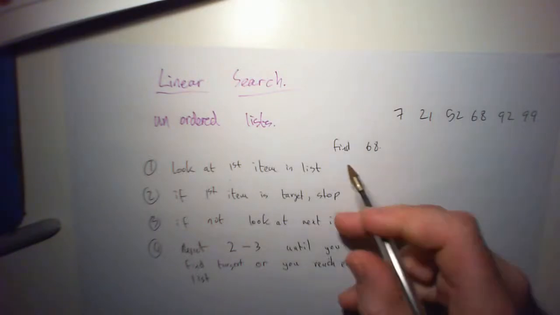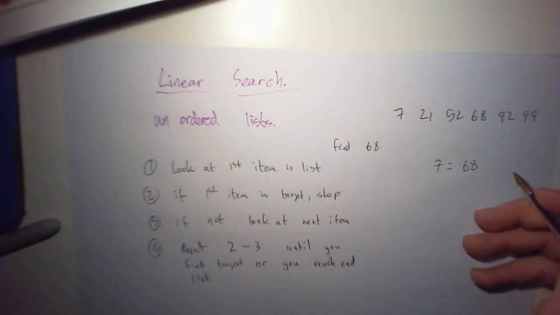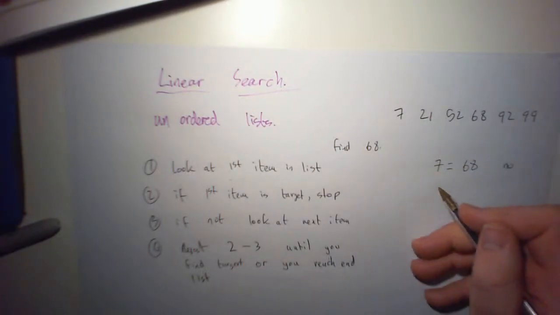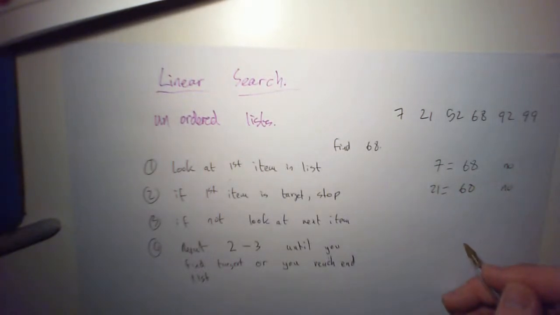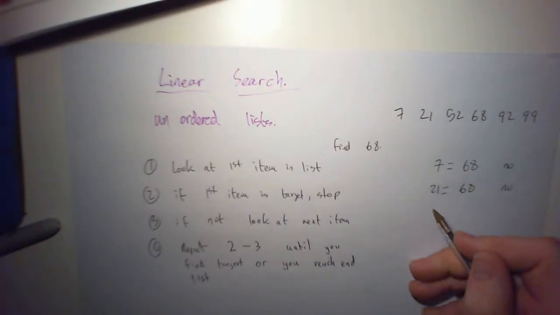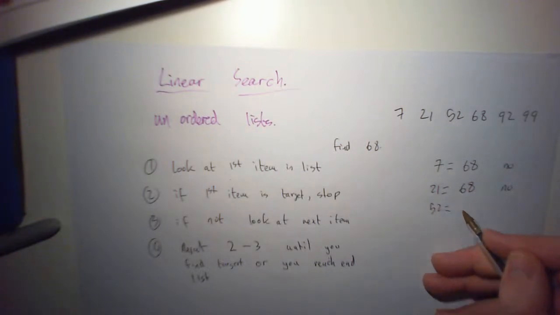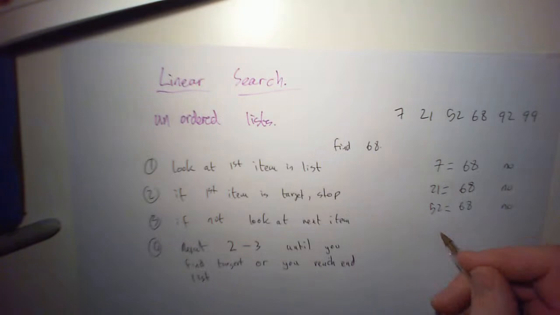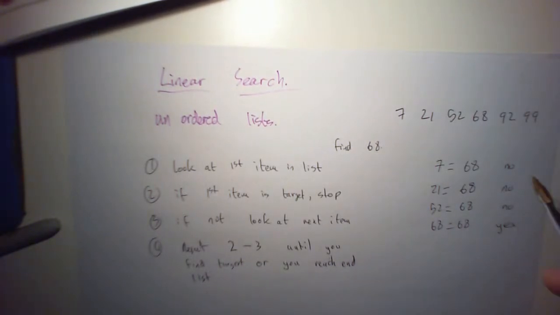It would look at the first item. Is 7 equal to 68? No. Look at the next one. Is 21 equal to 68? No. Is 52 equal to 68? No. Is 68 equal to 68? Yes. So it took me 4 lines of searching to find it. That'll be 4 iterations of the code.